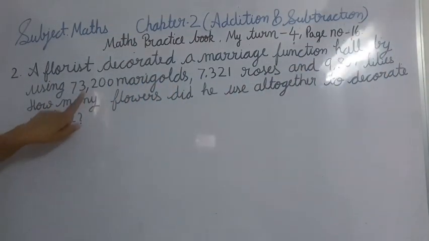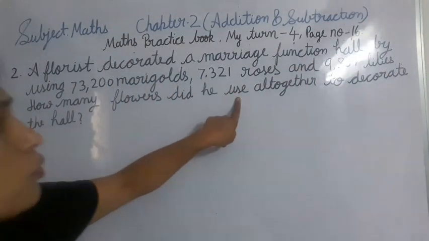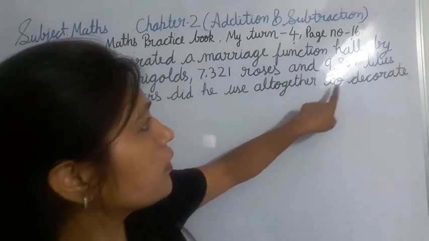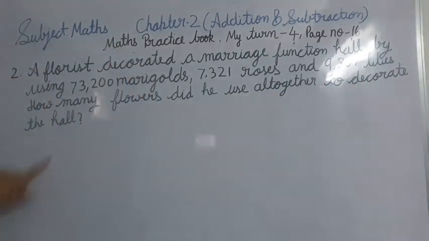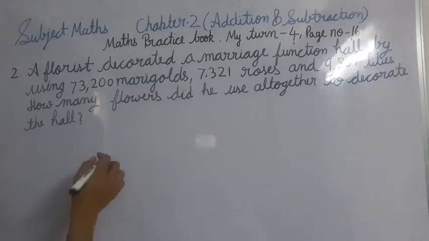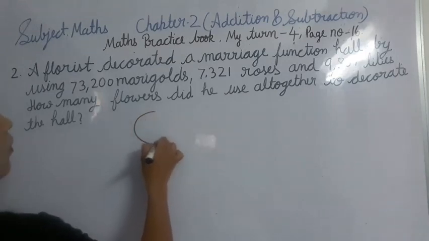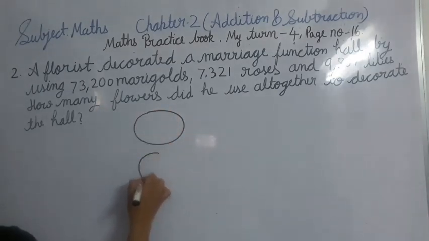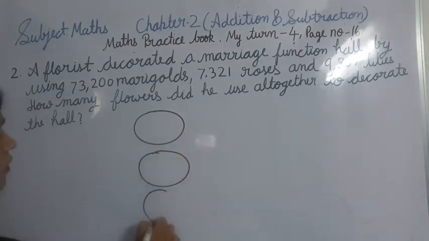So how many flowers did he use altogether to decorate the hall? So the florist has used 3 types of flowers. So let's make a model here. Number bond. First, second, third. 3 types of flowers he has used.